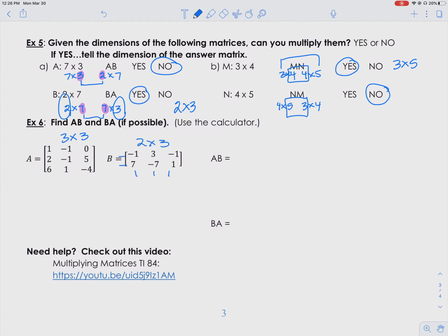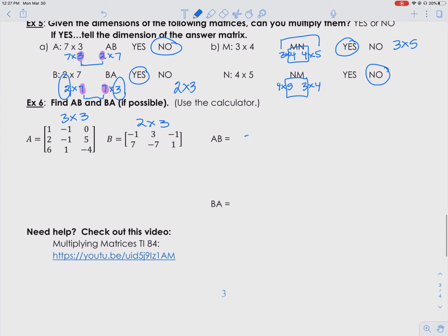So can I multiply A times B? Can I multiply a 3 by 3 times a 2 by 3? No, I can't do that. It is not possible. But for B times A, I can multiply a 2 by 3 and a 3 by 3. So yes, I can multiply that together.